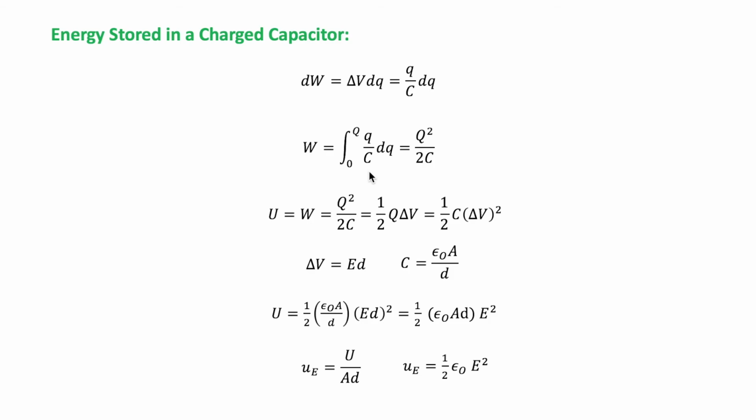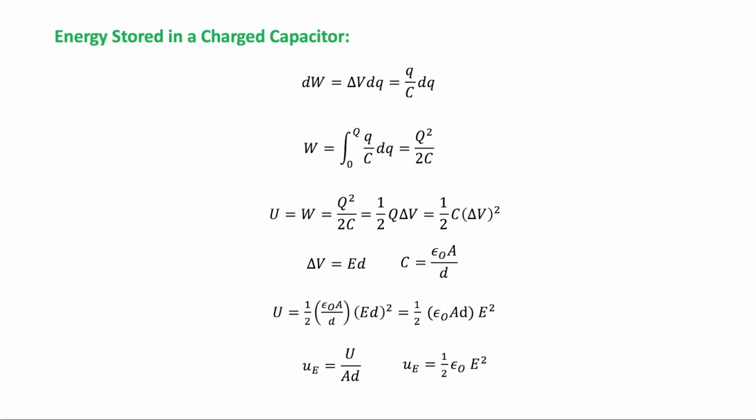But our use of work done by an external agent is justified because the potential energy in a capacitor is a state variable. So it does not depend on the charge transfer process or the path taken, just like a state variable in thermodynamics, such as internal energy, as we have seen in thermodynamics videos.